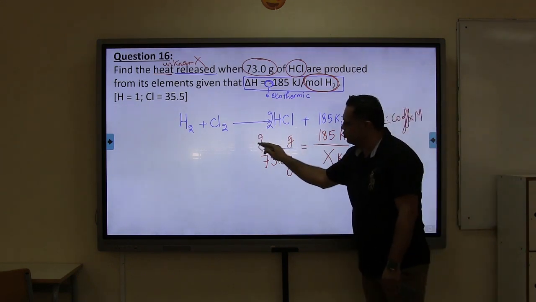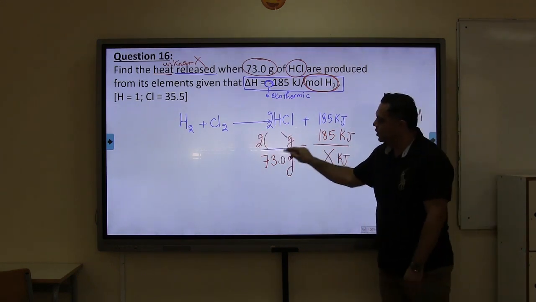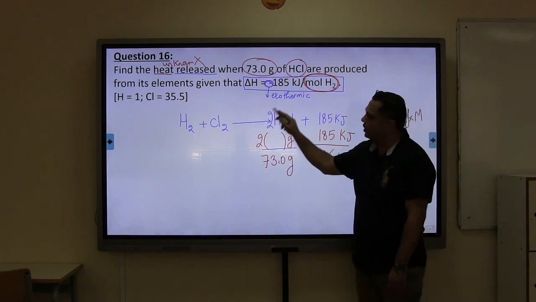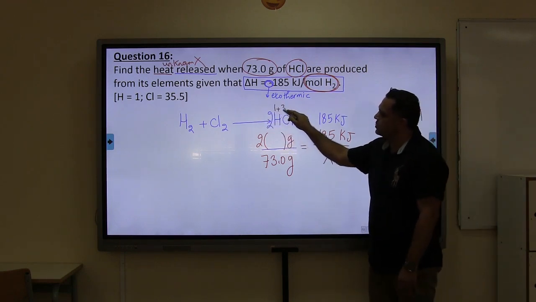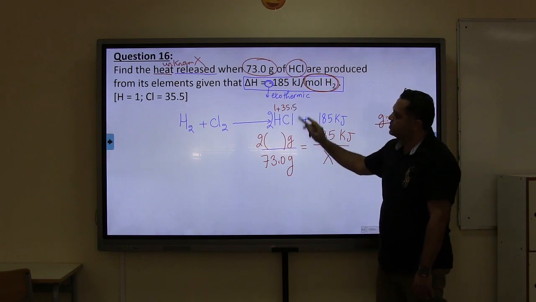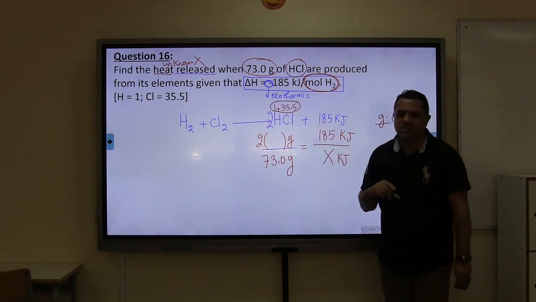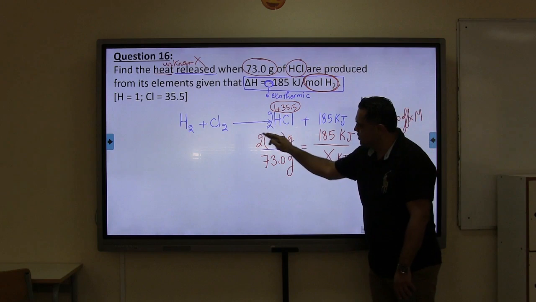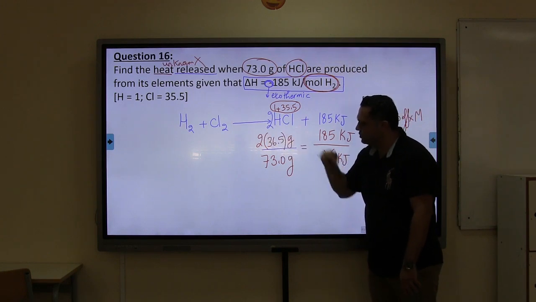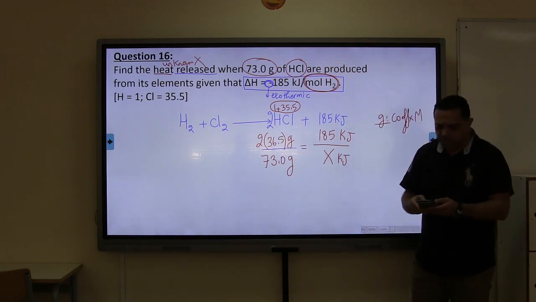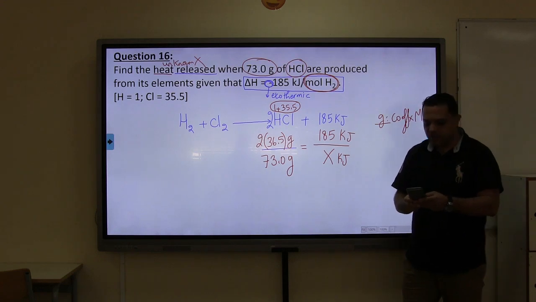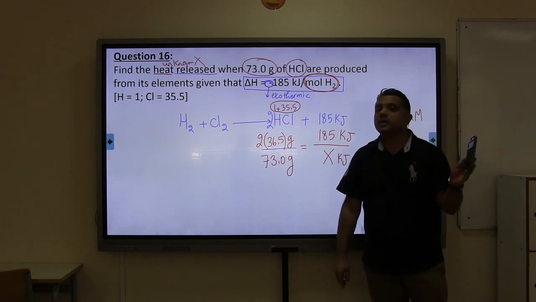So it will be 2 times, and what will be the molar mass here? Hydrogen is 1, and Cl is 35.5. So the molar mass will be 36.5. So it will be 2 times 36.5. If we just simply multiply 2 times 36.5, we will get 73.